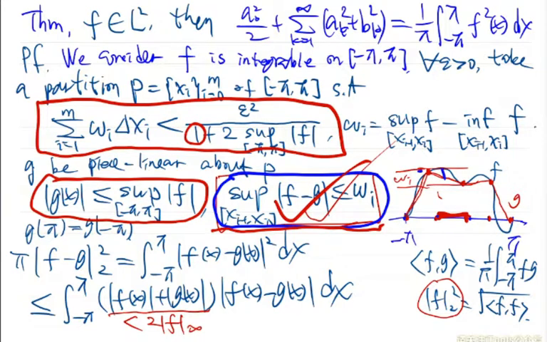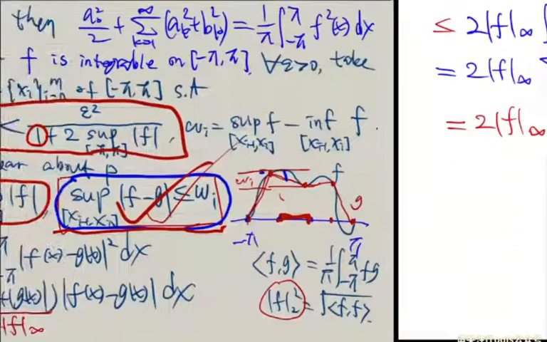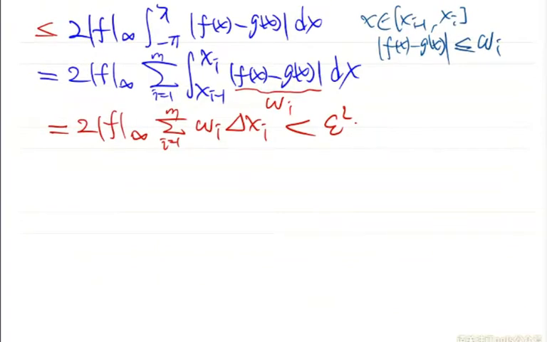If f is identically 0, that is also allowed, but in that case the denominator would be 0, which is meaningless. Therefore, we add a 1 here to save us. Using this result, the oscillation sum multiplying twice the L infinity norm of f will not be greater than ε². So we obtain this result.